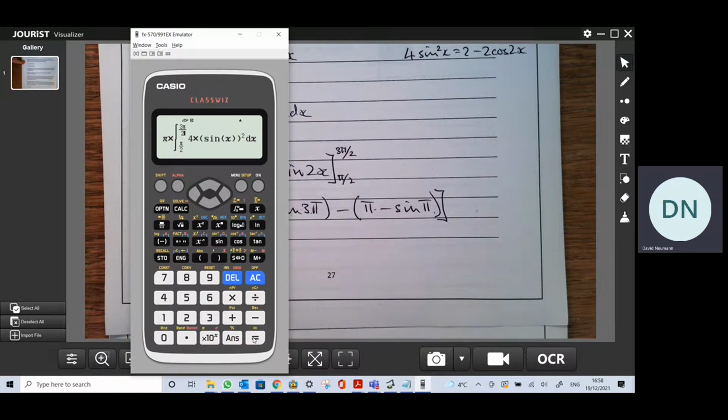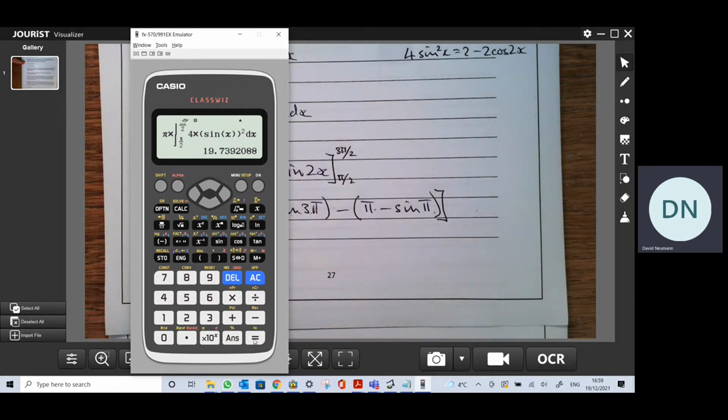And now if we press equals, we've got another thing to check. This is in degrees mode, so let's go shift setup and 2, make sure we're in radians mode, and press equals again. So we get this value 19.739. We don't get an exact answer.